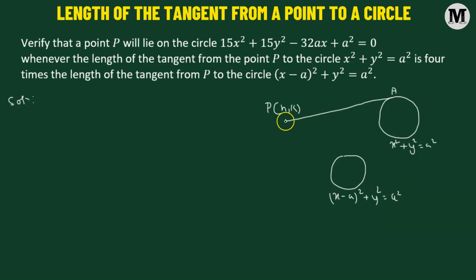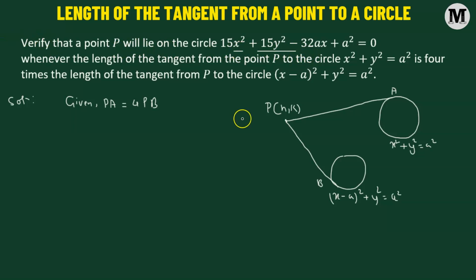Now we also draw another tangent from the same point P to this circle such that it meets the circle at point B. Now it's given here that the length of the tangent PA is equal to 4 times the length of the tangent PB. This is given to us. Using this information, we need to show that this particular point P lies on this circle.